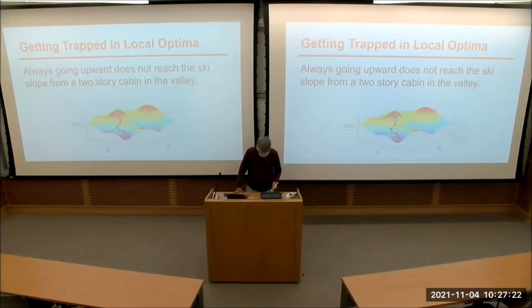It's got multiple maxima, it's got multiple minima. What happens if I start from a particular point and start walking downward? If I keep walking downward always, like I was doing with gradient descent search, I will eventually end in the bottom of a local minima.